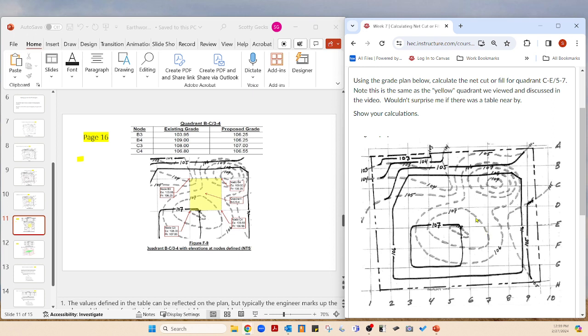I'm back on the problem now. And remember, this is our quadrant as defined above. So let's say I'm looking at this quadrant. Remember, I'm looking at this node. This is our quadrant here. I want to use, let's see if we can find one.